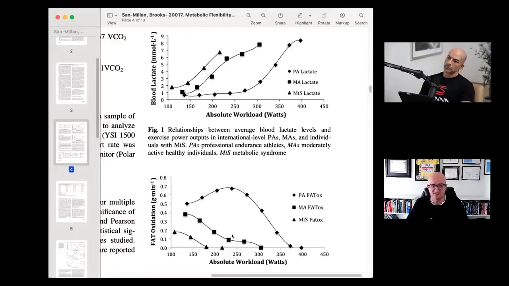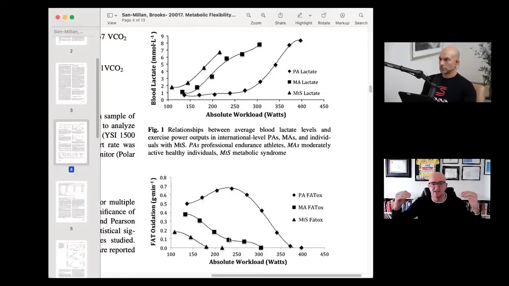So, for example, with elite athletes, and this was part of my doctorate thesis that I never published 20-something years ago, the same blood lactate concentration does not correspond necessarily to the same metabolic stress in a recreational athlete.